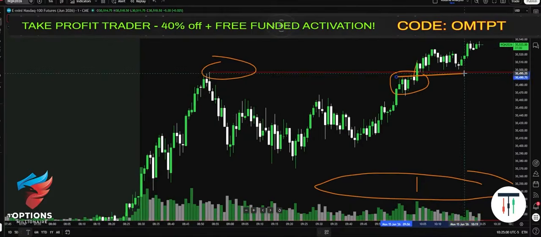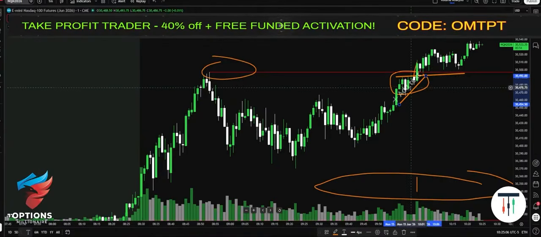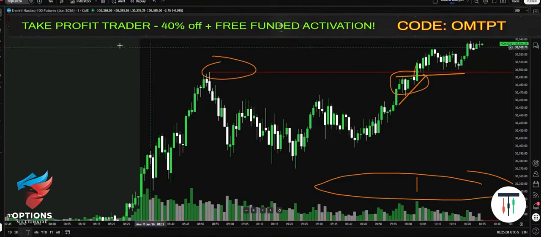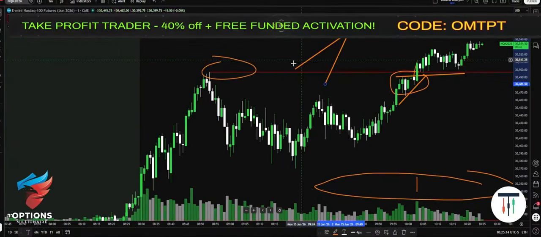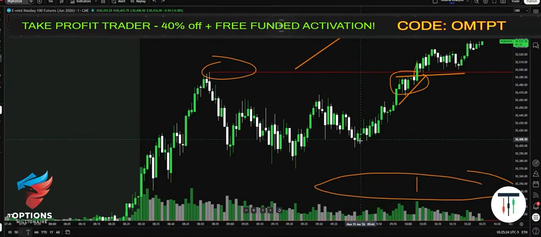An ascending triangle is price action that has a flat top with an increasing bottom. That is an ascending triangle, not a bullish wedge that some people think. A bullish wedge looks like this, which is buyer exhaustion. And the premise is the buyers keep on buying until finally they get tighter, they exhaust, and then we break lower.